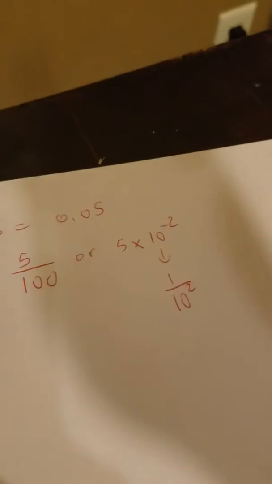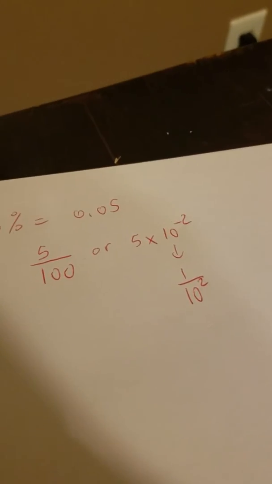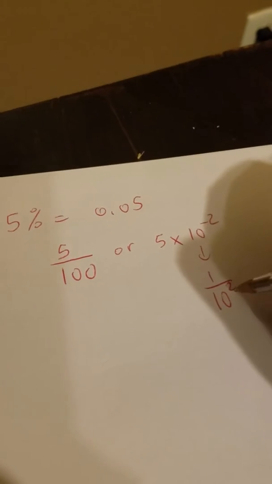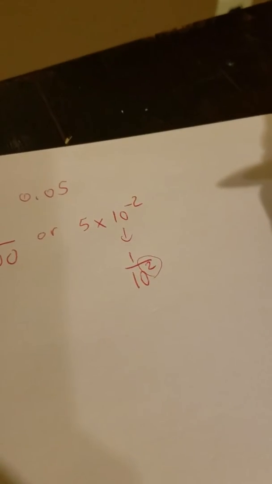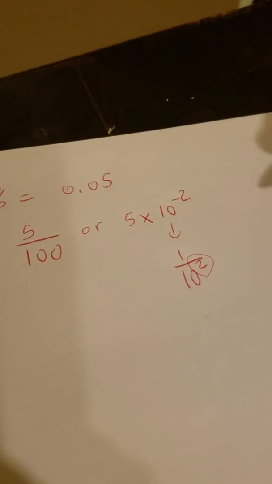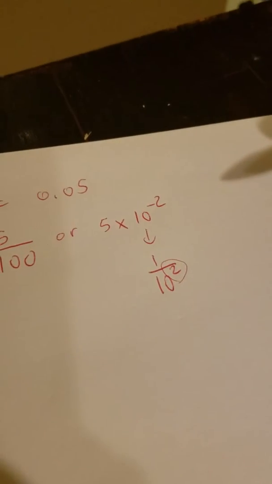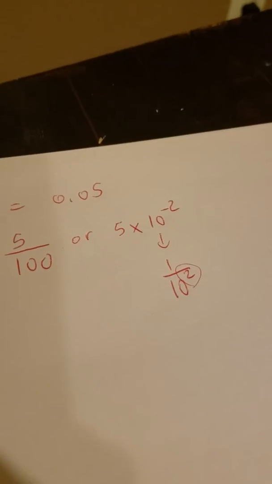So you can always remind yourself that a negative exponent, you can flip it to get a positive exponent, right? And then from then on, 1 over 10 squared is just 1 over 100. 5 divided by 100 is 0.05.